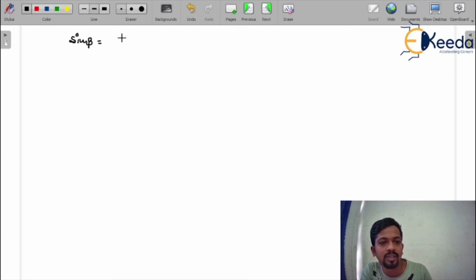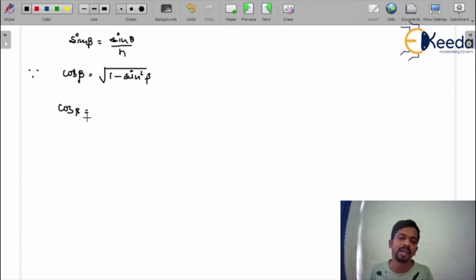And if I am going to find out the value of cos beta, then how can we calculate cos beta? We all know that cos beta will be equal to under root of 1 minus sin square beta, then we can calculate the value of cos beta also.